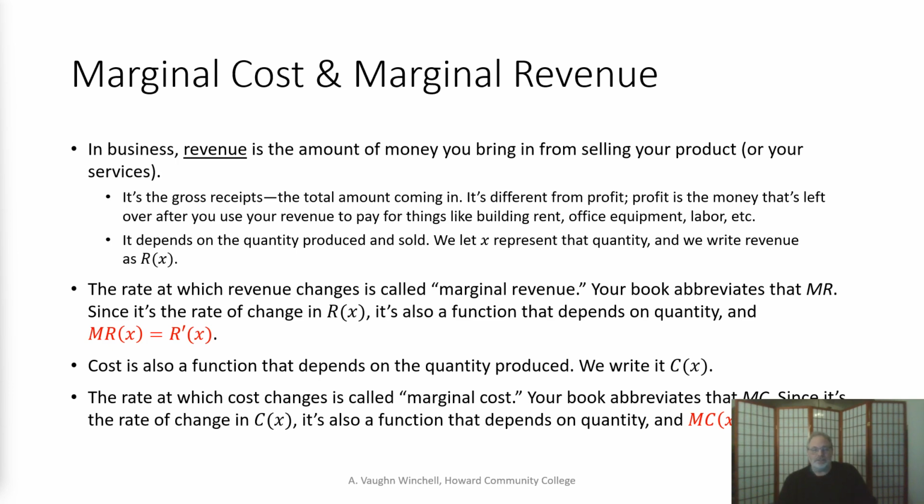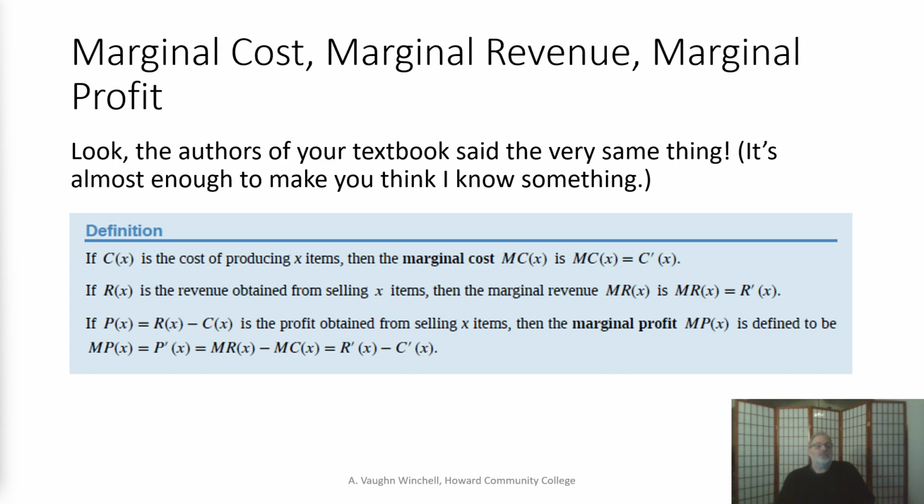That's marginal cost. So, to summarize, the authors of your textbook said the very same thing I just said, but they said it in fewer words with less explanation. C of X is the cost of producing X number of things.